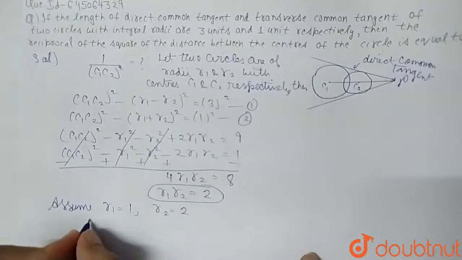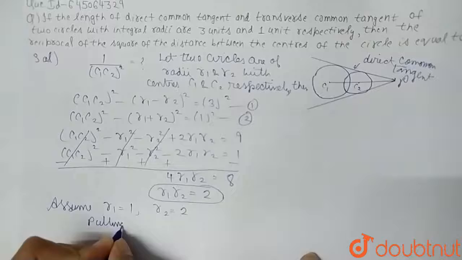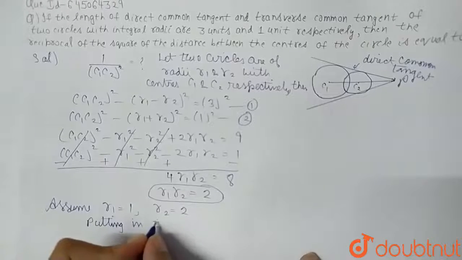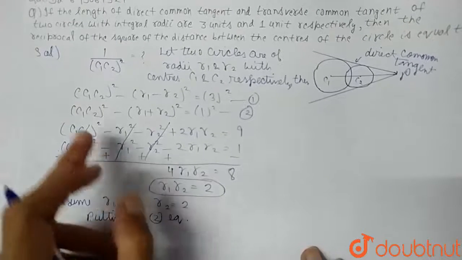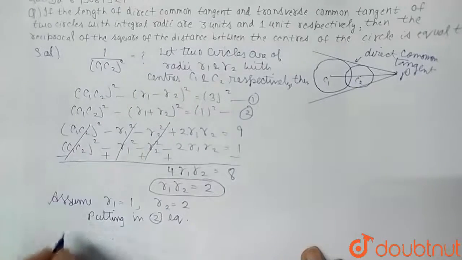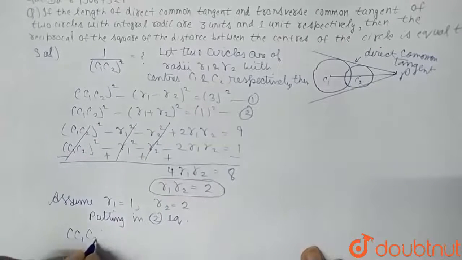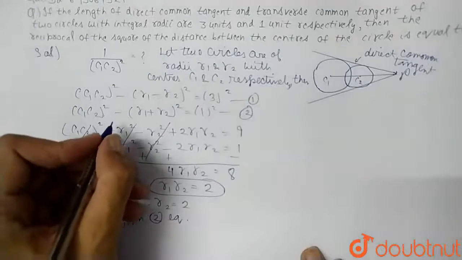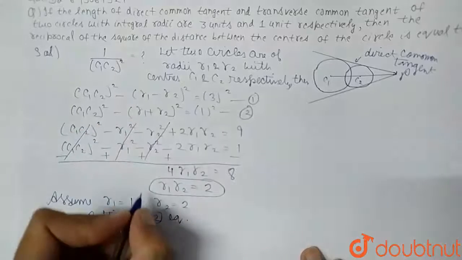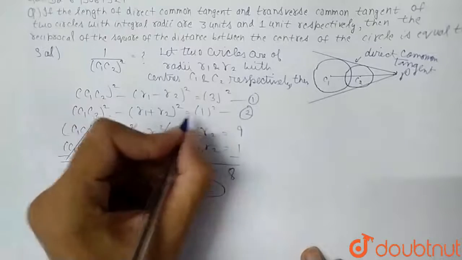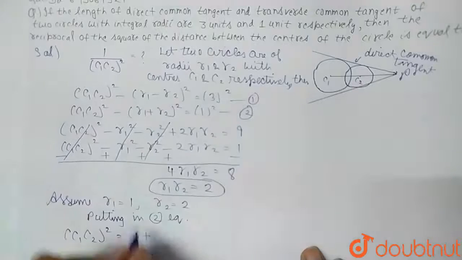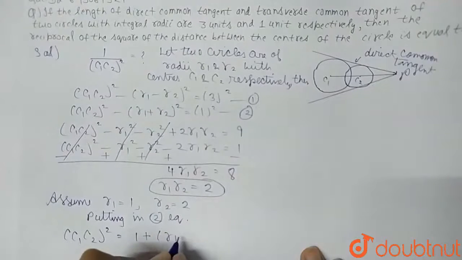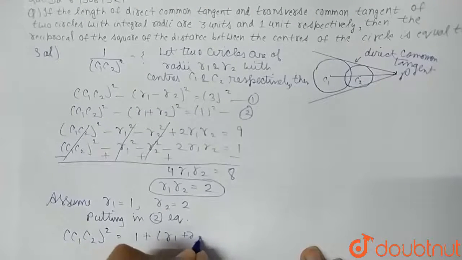So by putting them in the second equation, we have C1C2 whole square equals 1 plus (R1 plus R2) whole square.